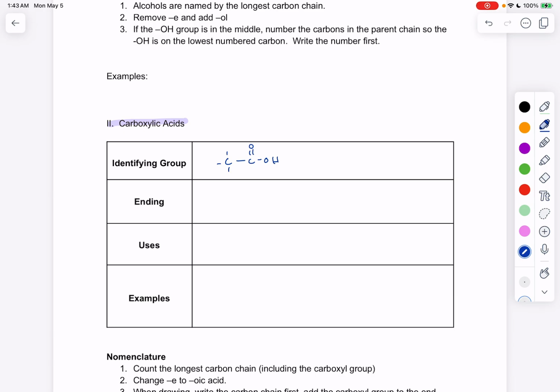Notice this carbon where all of the business is going on already has 4 bonds, so we don't need to put any more H's on it. Now, this group that I have right here is called a carboxylic acid group. That's the carboxylic acid part of it.